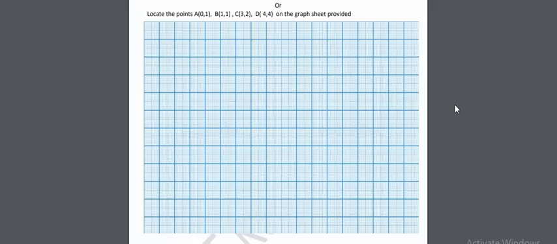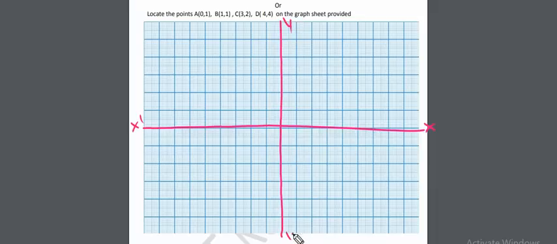Now for marking the axes, we have to take the middle of the line and mark the x-axis. This one is the y-axis, and in the middle here also we have to mark the x-axis. This gives you x dash, this is the x-axis, and this gives you y dash.